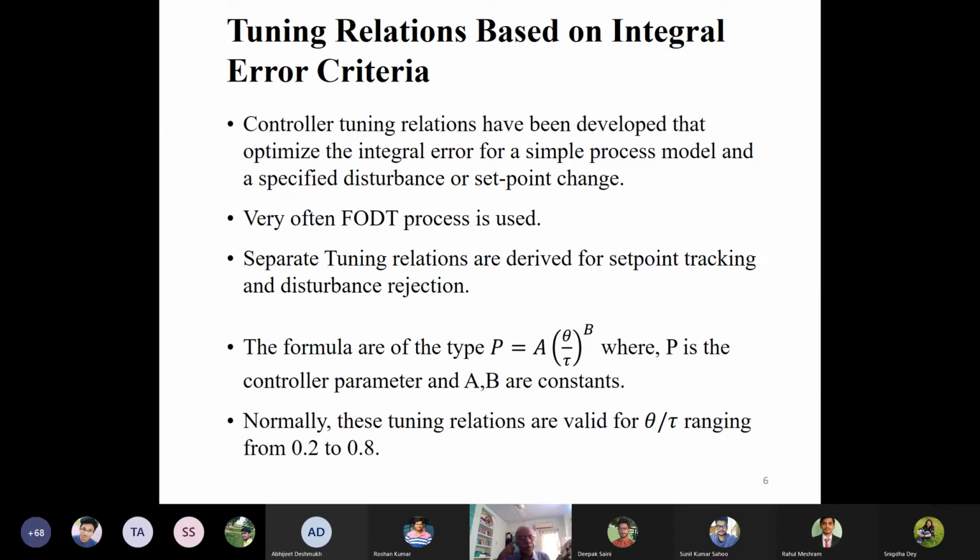These tuning relations are normally of this type: P is equal to A into (theta by tau) to the power B. Theta is the dead time, tau is the time constant, P is the specific controller parameter, and A and B are constants, like Kc is equal to A into (theta by tau) to the power B. Normally, these tuning relations are valid for theta by tau ranging from 0.2 to 0.8.